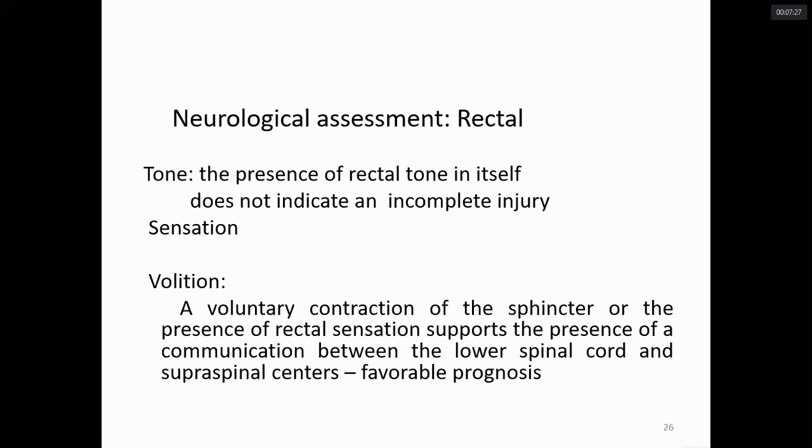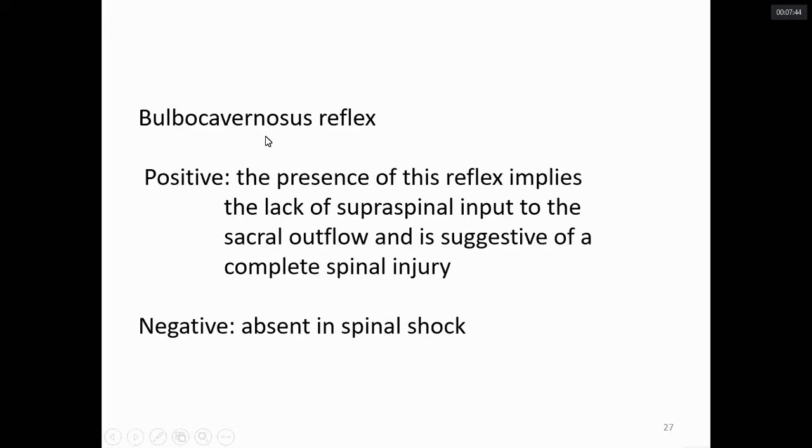If there is a contraction of the anal canal, then the spinal shock period is over. If the tone is still not present, then the patient is still in spinal shock. That is the bulbocavernosus reflex.